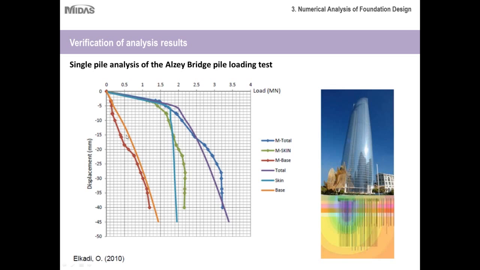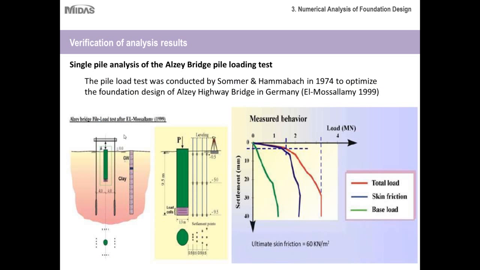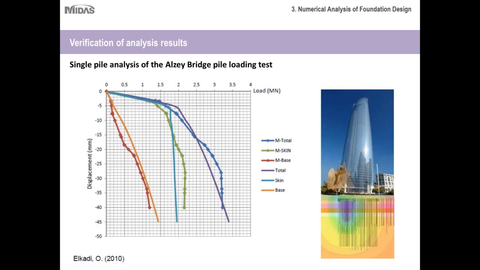So these tests have been performed, verified, and you should calibrate your model based on these field tests. If you have performed these tests in the field, like here, then you should create your model and run the model and find out these results and compare them with your site data.